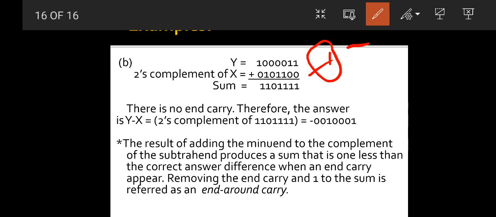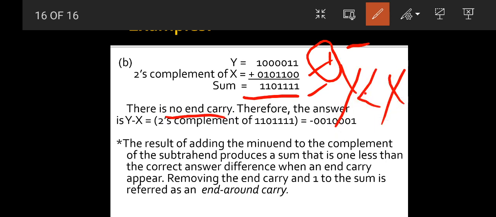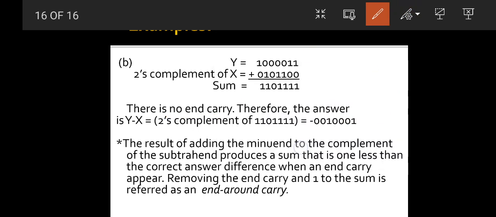After that, you have to get the result of adding your y and the r's complement of your x. Since your y is less than your x, there will be no end carry.